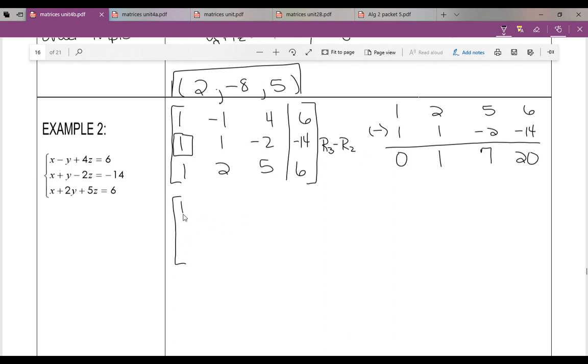All right, so row 1 stays. Row 2 comes out and gets replaced with 0, 1, 7, 20. Row 3 stays. The only thing we did is we used row 3 to help us create what we needed in row 2.